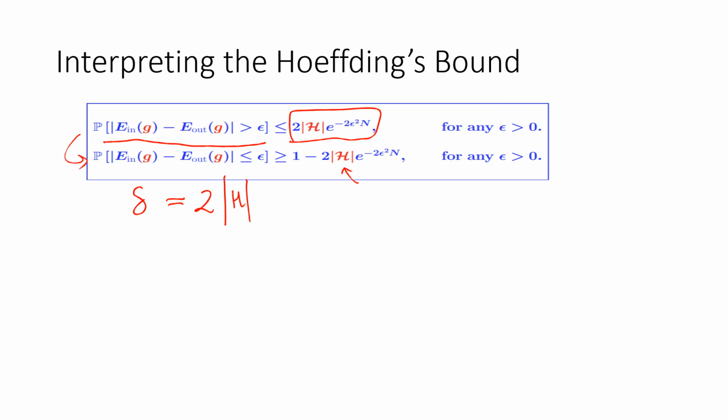That m has been replaced by the cardinality of H because this is more specific to the way we have defined our learning problem, right? So essentially, instead of m, we will be writing the cardinality of H, which is the number of hypotheses here, right? So 2|H|e to the minus 2 epsilon square n, right? So let's say that that's delta.